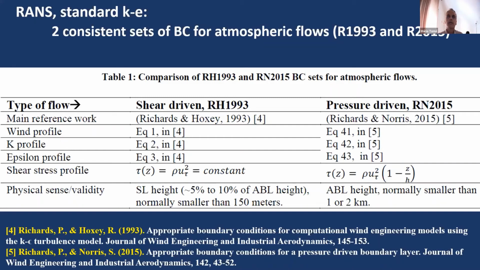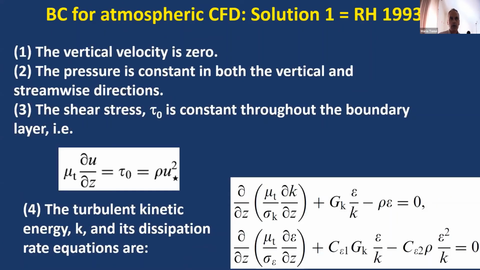The first one is physically sound to be applied to the surface layer, and the second one can be physically accepted for higher heights up to the atmospheric boundary layer height. So the first set of boundary conditions is based on these principles.